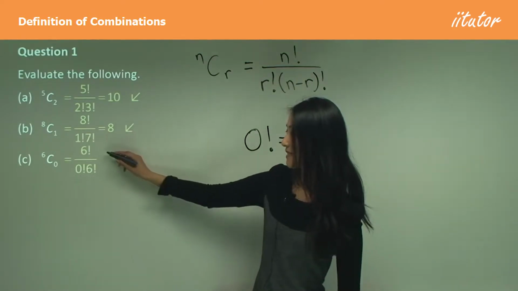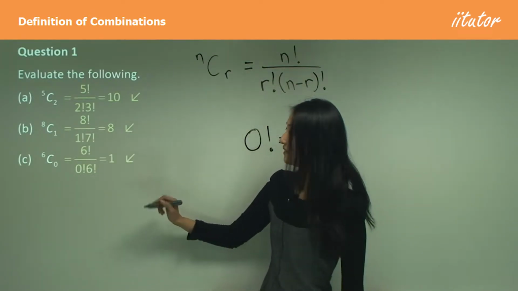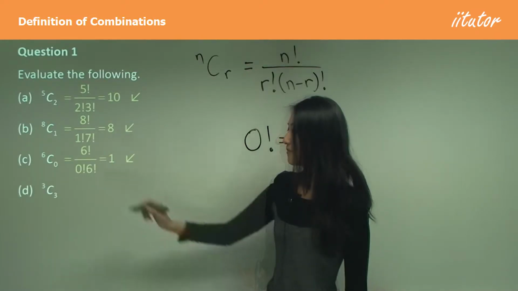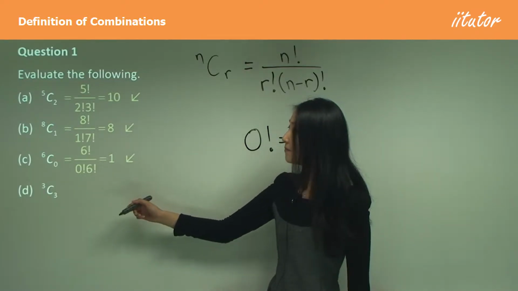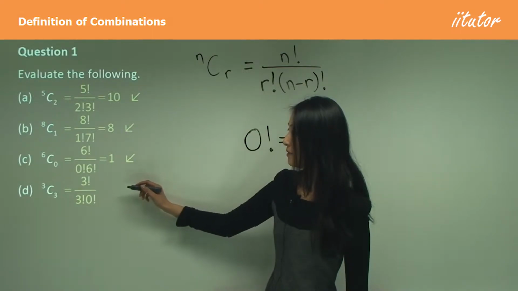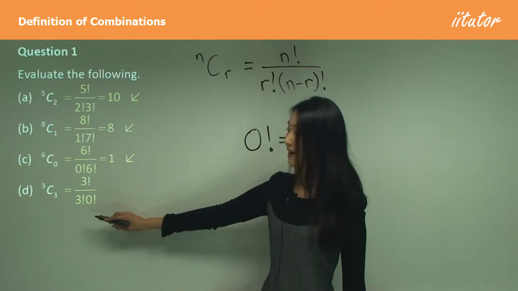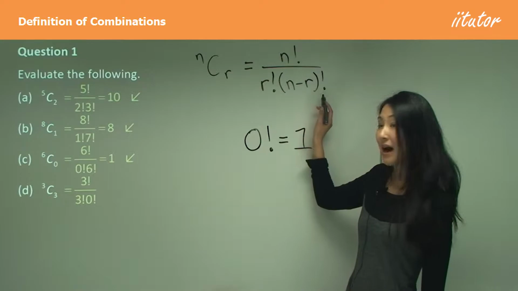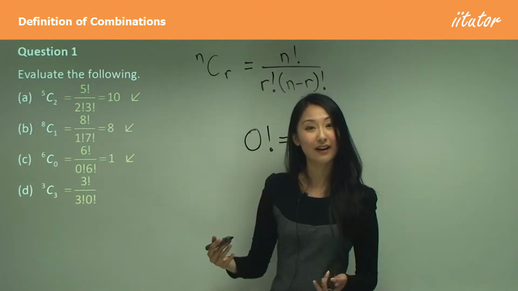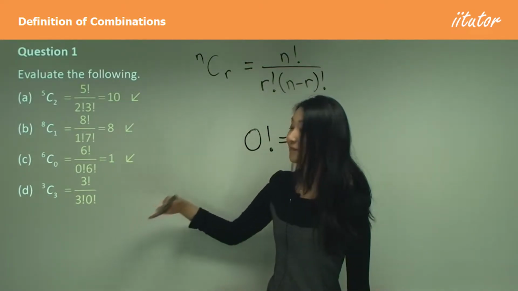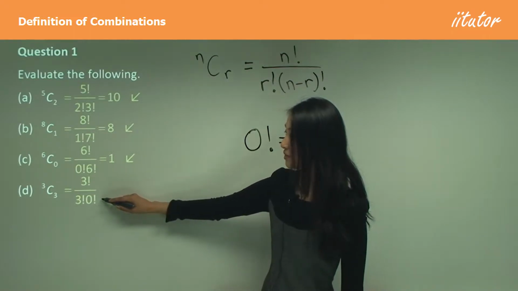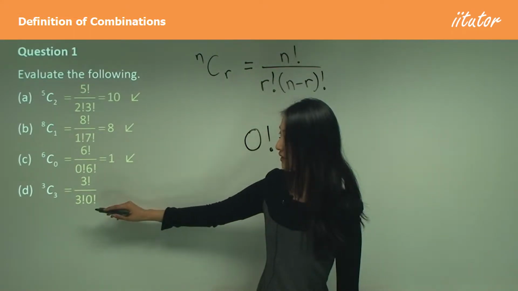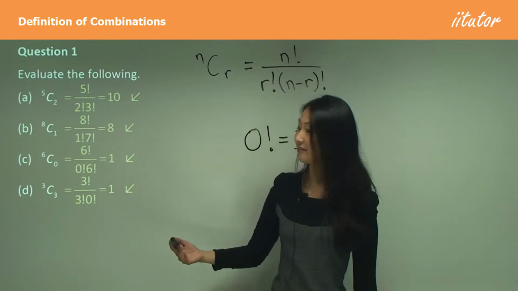So this just becomes 6 factorial over 6 factorial, which equals 1. What about when it's 3C3? Then we have 3 factorial divided by your r, which is 3 factorial, and you have n minus r, which is 3 minus 3, so it's 0 factorial. In the same way, I know this equals 1. 3 factorial over 3 factorial just equals 1.